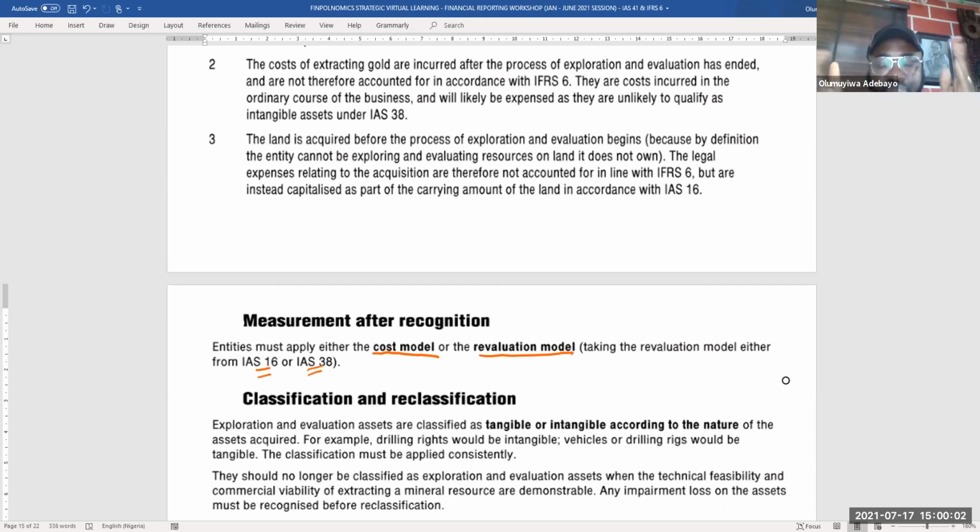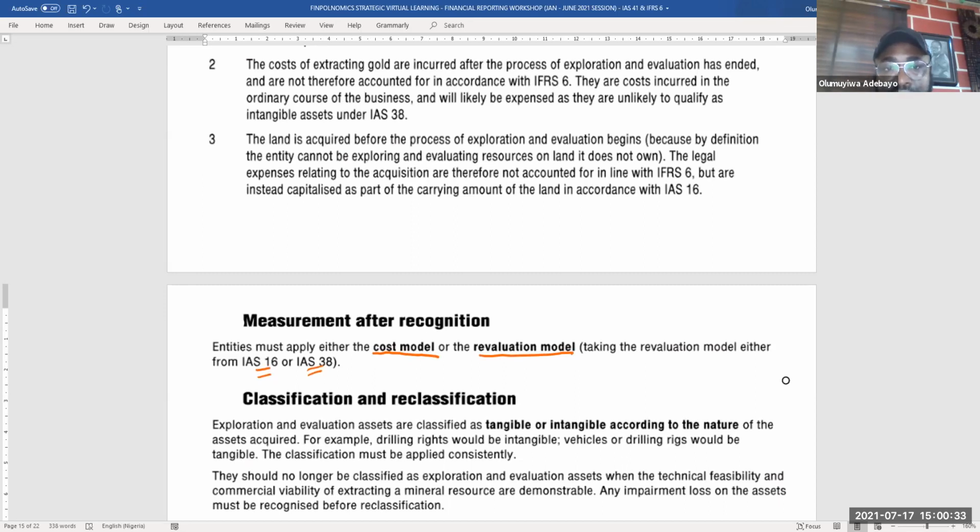The nature of those costs or assets will determine whether it goes in line with PPE or it goes in line with intangible assets. And peradventure, if there's any evidence of impairment, before you reclass, you must have carried out that impairment assessment in line with IFRS, and such impairment loss will have been written off to your profit or loss, and the carrying amount as revised will be the reclass amount into the appropriate category of assets and liabilities.